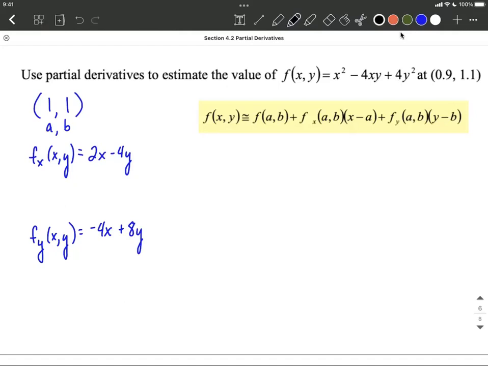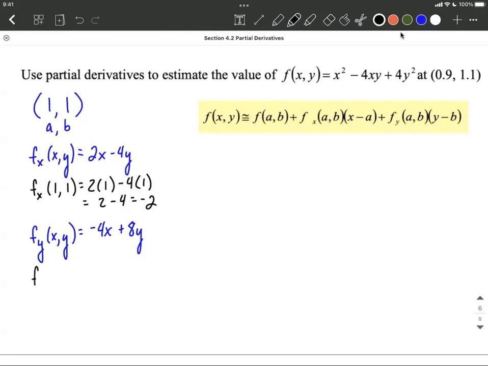Next, let's figure out what the partial derivative is evaluated at 1, 1, our values for a and b. The partial derivative of the function with respect to x evaluated at 1, 1 is going to be, when we replace the x with a 1 and the y with a 1, 2 minus 4, which is negative 2.